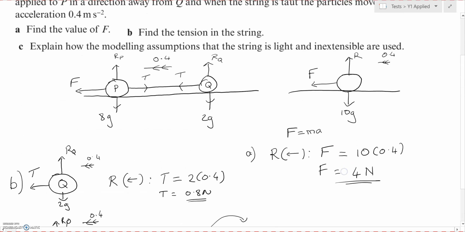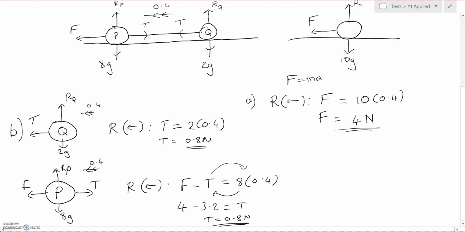And lastly, in part C, it says explain how the modelling assumptions that the string is light and inextensible are used. The fact that the string is light means that the tension is the same throughout the whole string.